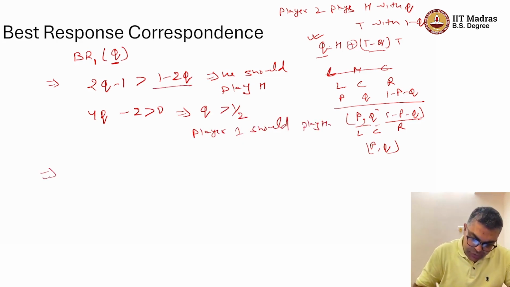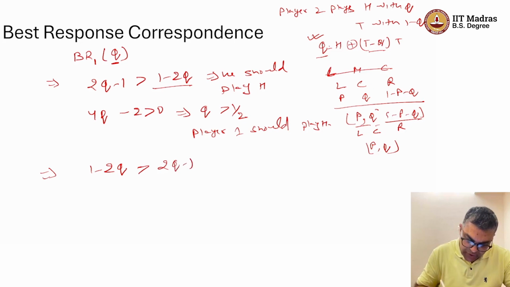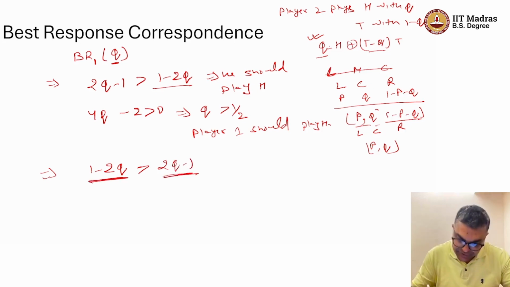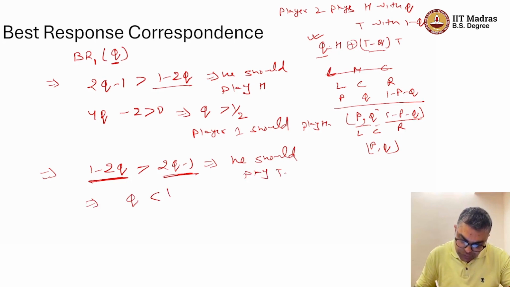Similarly, if the situation is reversed, if 1 minus 2q is greater than 2q minus 1, this coming from playing t and this from playing h, then he should play t, just because t is giving him more, and this translates into q less than half: player 1 plays t.